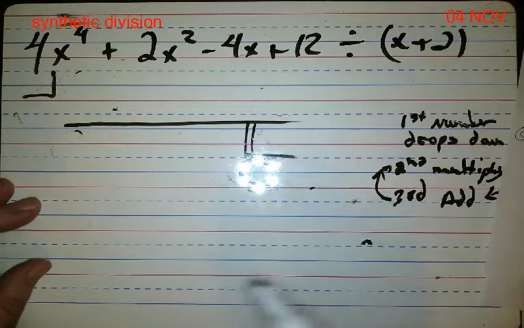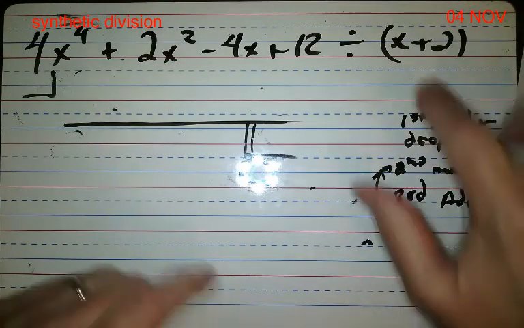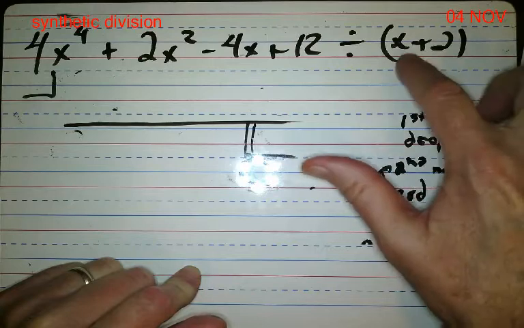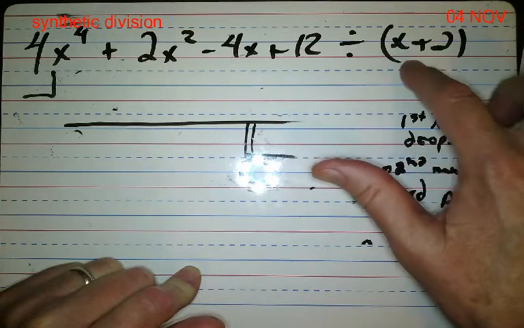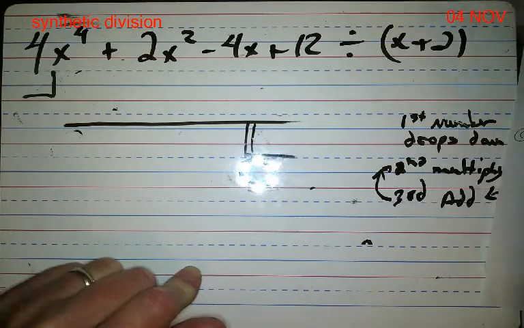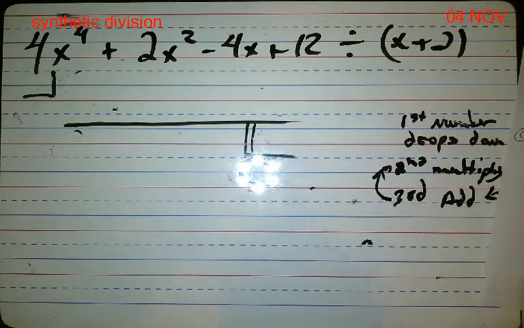You can use synthetic division when this is a linear factor. There is no exponent here, and there's no number in front of x. That's why we do it. That's the only time that you can use this.